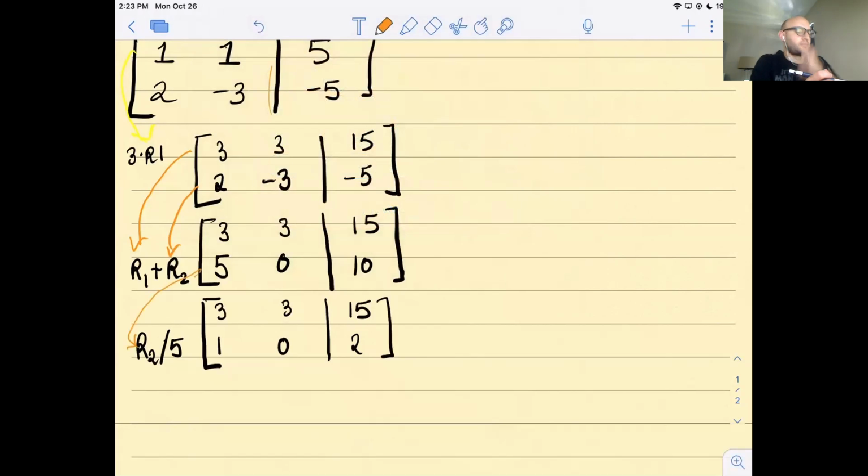Okay, now this is where it gets a little bit interesting. How do I go about solving for y? What can I do next to get y?